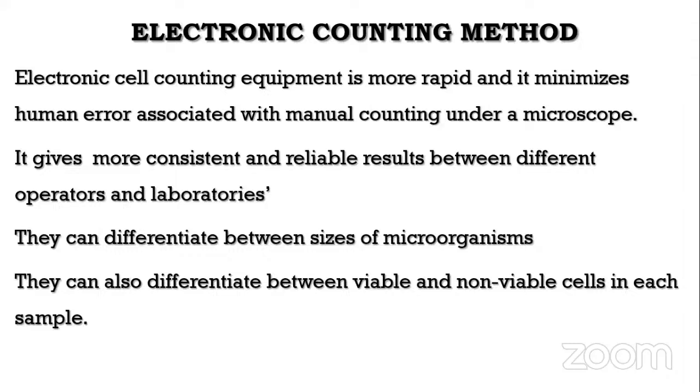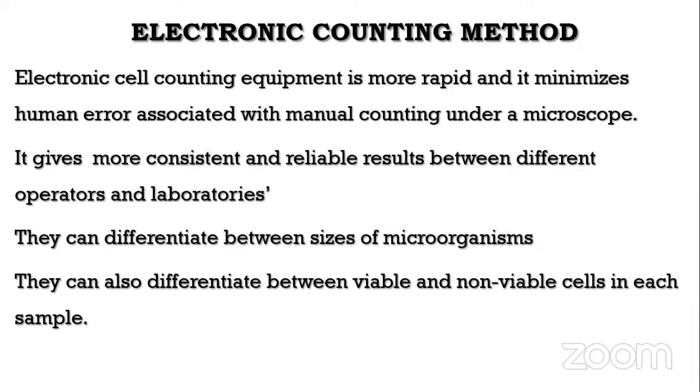It is more consistent and the results are reliable, even if the results are compared between different laboratories and different users. The results are usually consistent, given the same sample for analysis. And the electronic counting method can differentiate between organisms of different sizes. It can let us know if we have a pure culture.